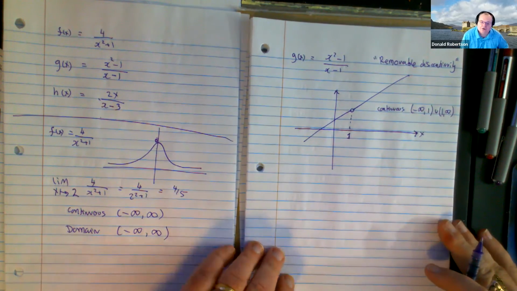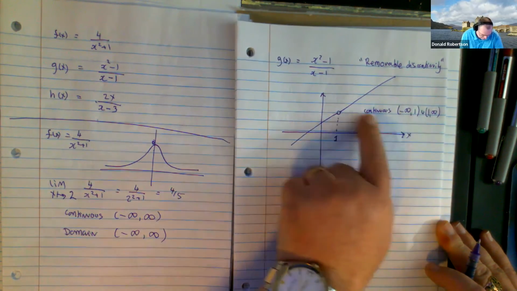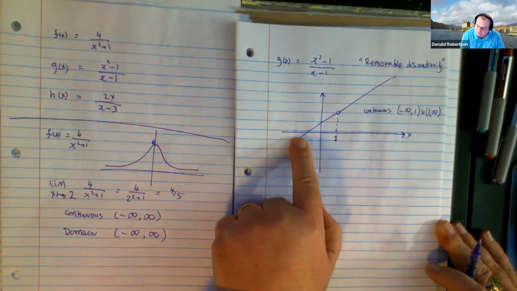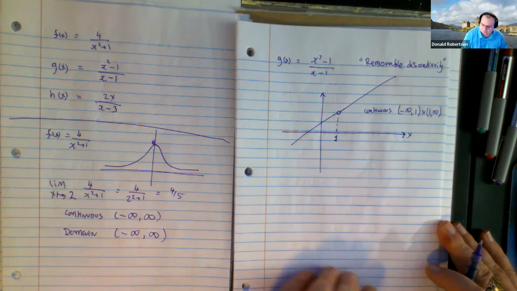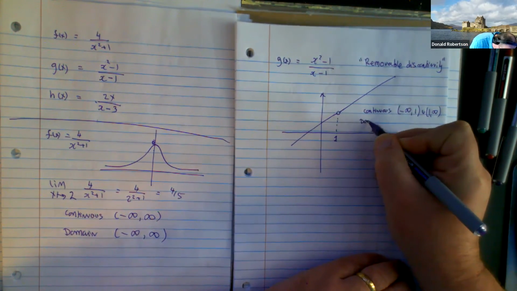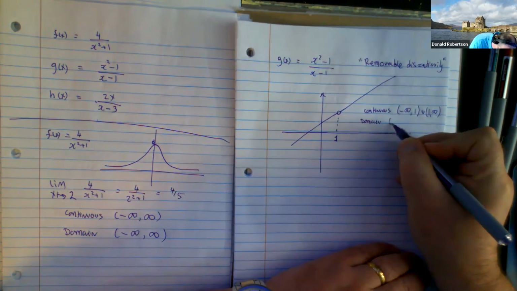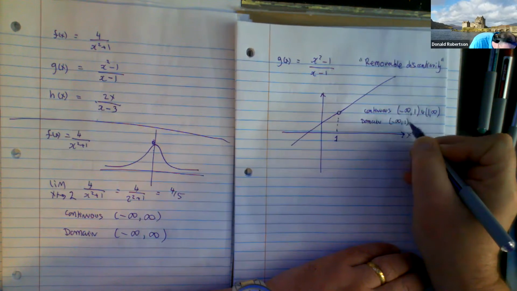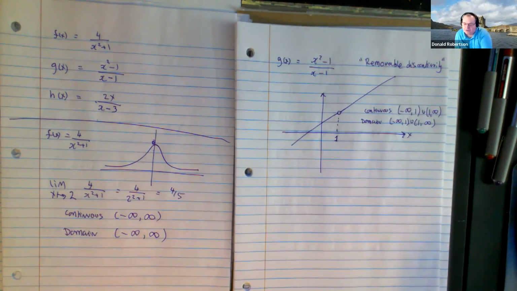Okay. That is continuous for any value of x in that range, right? It's continuous here, it's okay here, it's okay here. It just has a problem there. Now, the domain of this rational function is its usable values of x. And it might not surprise you to realize that the domain is exactly the same as the places where the function is continuous.